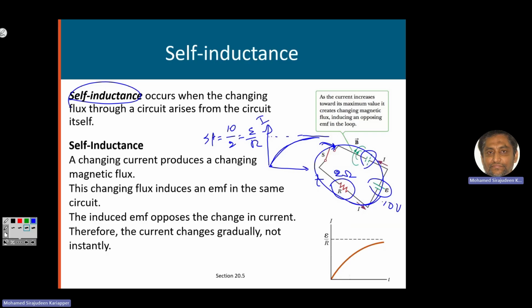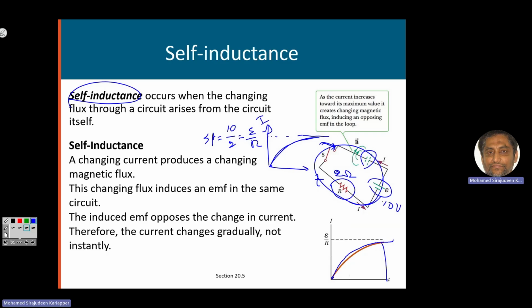Initially it will be zero current, then it will only come to the final value gradually, taking some time. The time we are talking about is not minutes; it is very small, in microseconds or milliseconds, a fraction of a second.